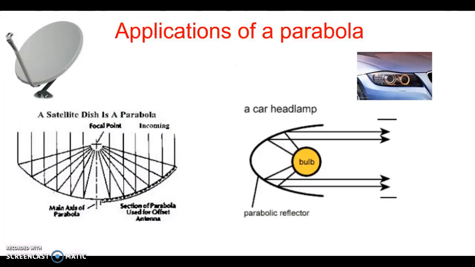And before we go on to that, I just want to show you a couple applications of a parabola. For instance, a satellite dish is a parabola, as well as a headlamp in a car. The satellite dish is a parabola because the curvature is that of a parabola, and this little extension coming from the satellite dish at the tip of it is the focal point, or as we know it, the focus.